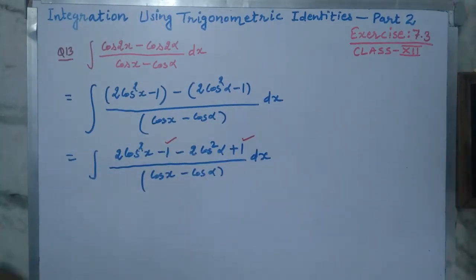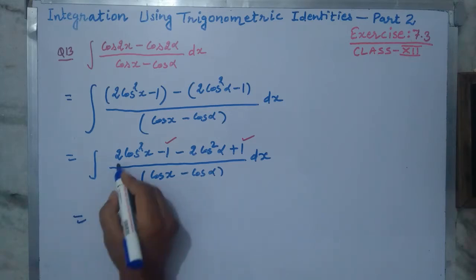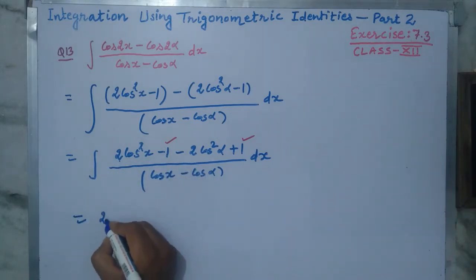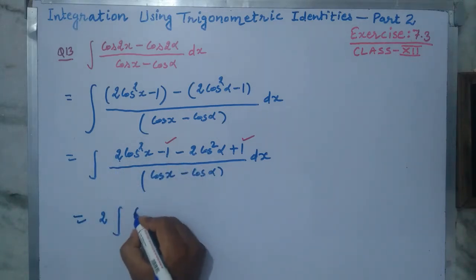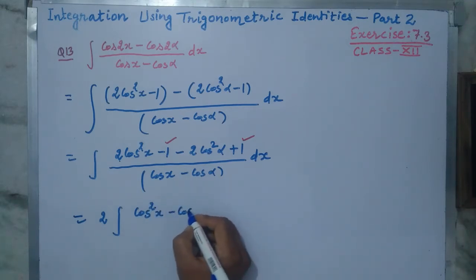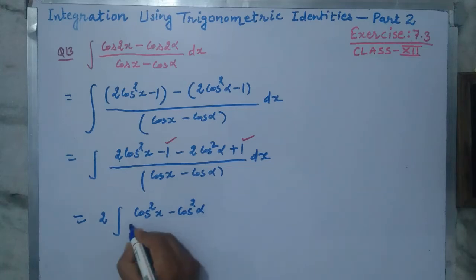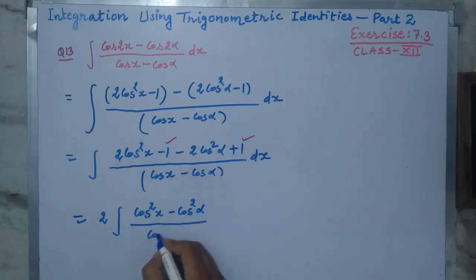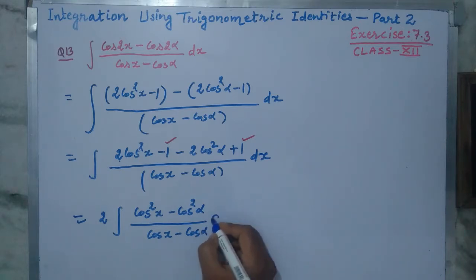We are left with, taking this 2 common, (cos square x minus cos square alpha) divided by (cos x minus cos alpha) into dx.